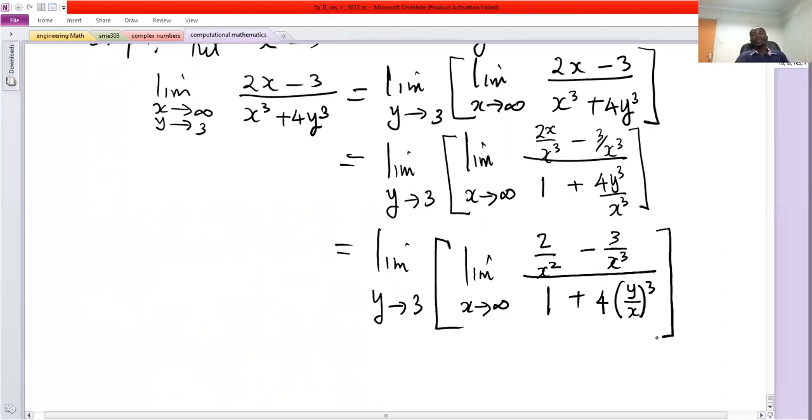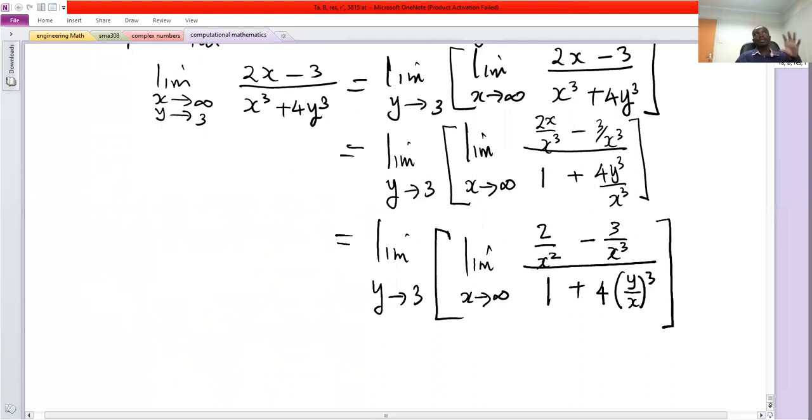Now, the limit of a quotient is the same as the limit of the numerator over the limit of the denominator. So we apply the limit on each of these terms.